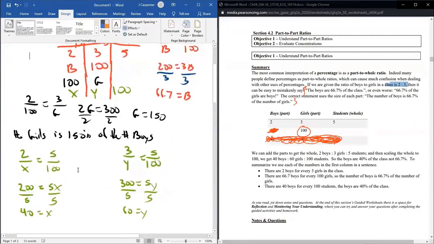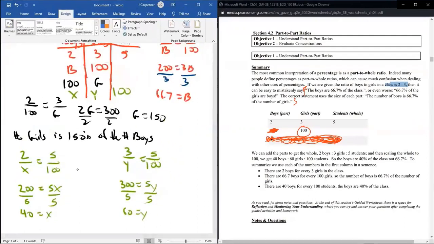Let me scale back just a little. So x was the number of boys, y was the number of girls, both when you scale the population to 100. So now we're thinking about the total population as the 100%.